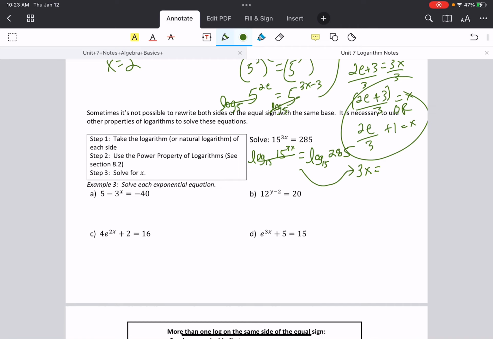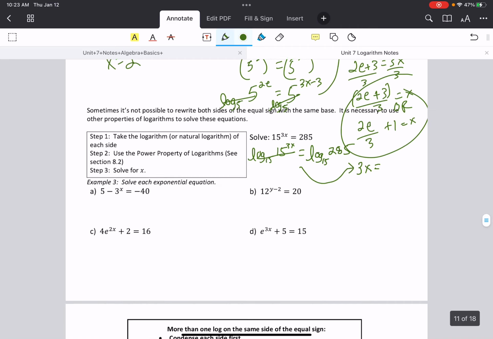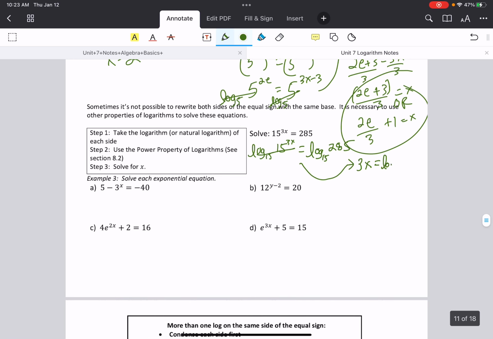So just 3x is equal to log base 15 of 285. But on the second day, 7.2, we learned how to type that into my calculator, right? Using my change of base rule.